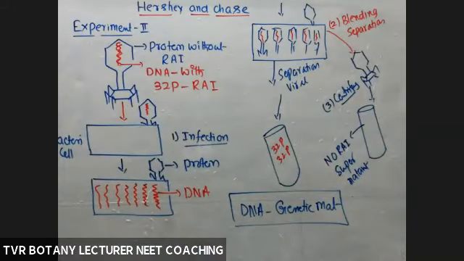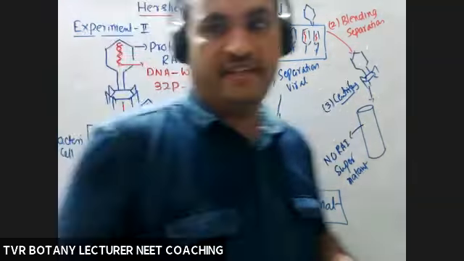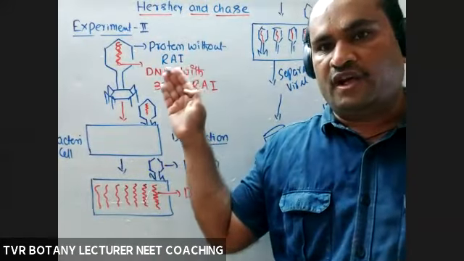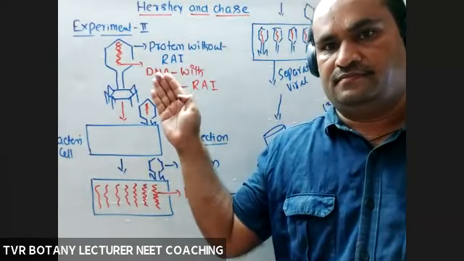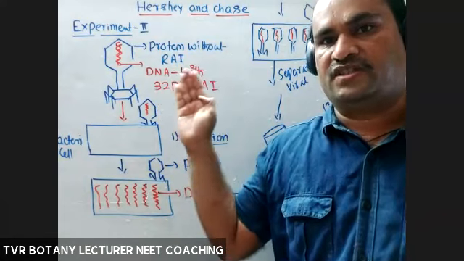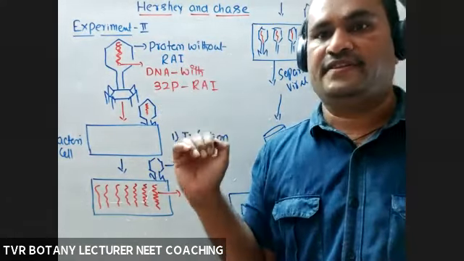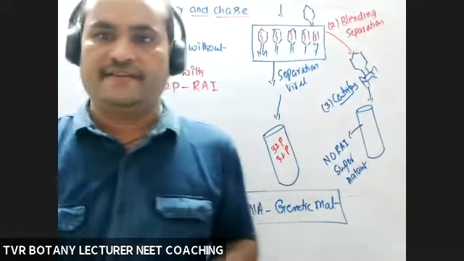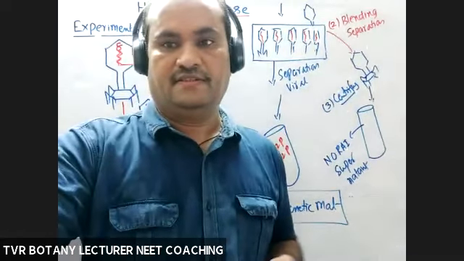Unequivocal. Final. Further, no question. Final judgment. Okay. Right. So that is the unequivocal demonstration that DNA was the genetic material in most of the organisms. Okay. Right. Bye. See you.